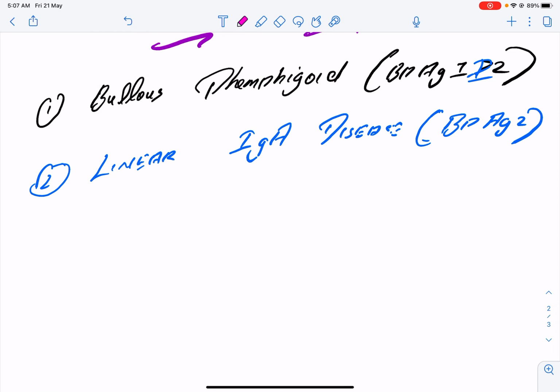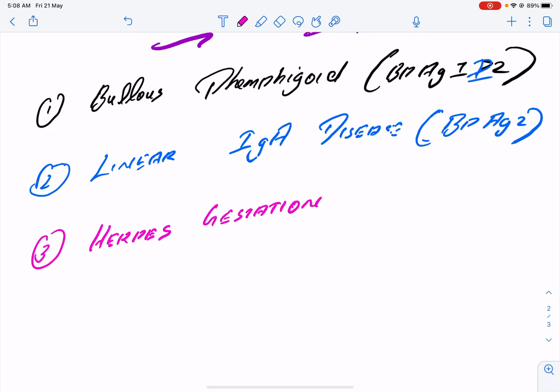The next one is herpes gestationalis, also because of damage to BPAG2 again.